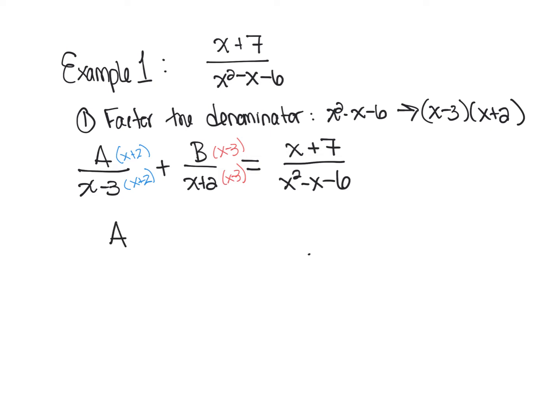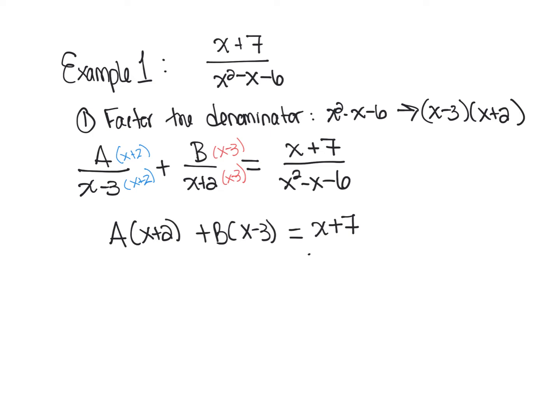I know that a times x plus 2 plus b times x minus 3 has to equal my numerator on the other side, because when you add fractions, you add them straight across to equal the numerator, x plus 7.